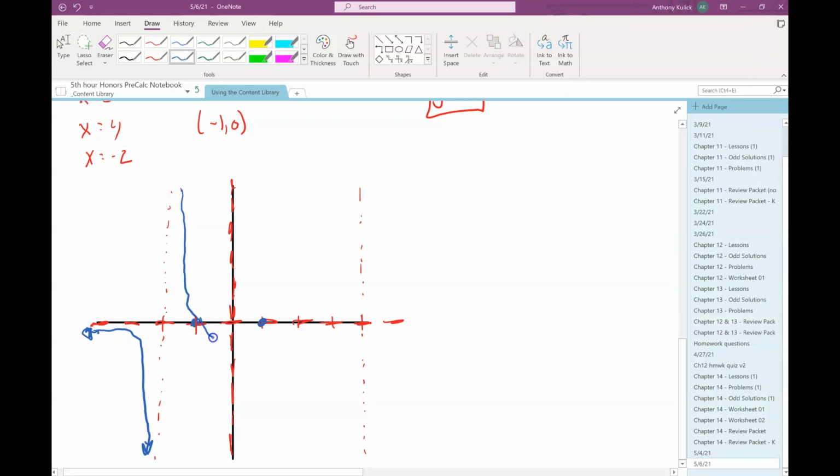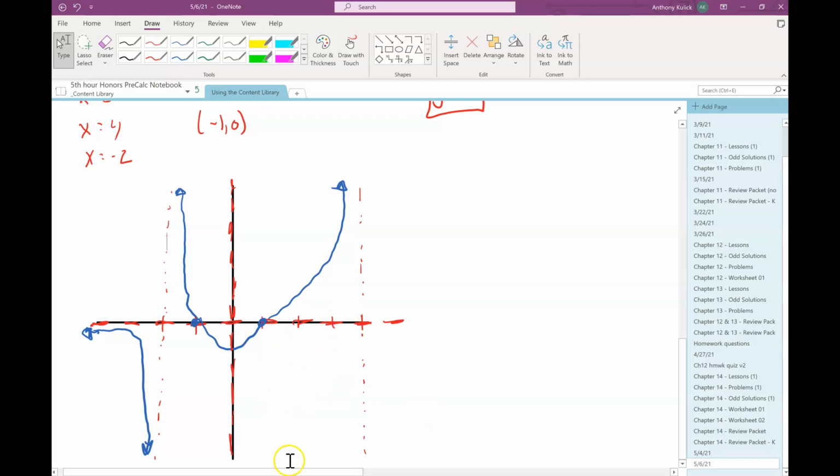I'm going to go through the intercept, go through the other one, and now I know I'm going to have to do this, because I can't go through this and then turn around and go back down. Well, I guess I could have a bounce there. Oh, no, I can't because it's not a double root. Right? And these go through the vertical asymptote.